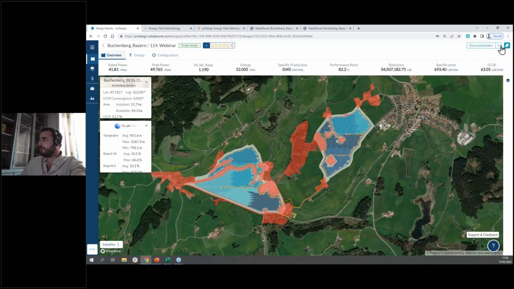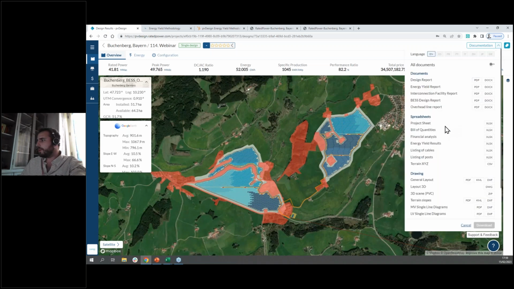Also, just to show you what we do now, we call it financial analysis, this file, but it's basically the capex, and it's based on the bill of quantities. So I can show you also the bill of quantities.